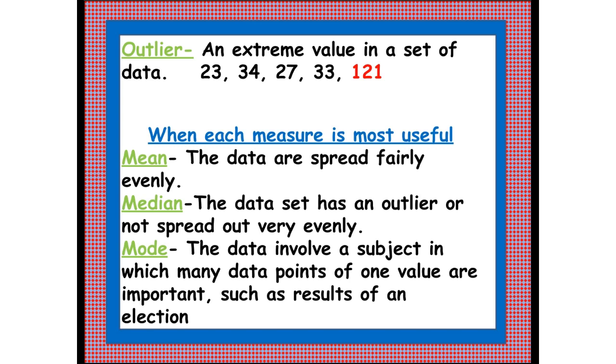The median, if the data set has an outlier or is not spread out very evenly, meaning you have chunks of numbers, but then maybe there's places where you're missing numbers. The mode, the data involve a subject in which many data points of one value are important, such as the results of an election. In the results of the election, I'm not going to use the median or the mean. I'm going to use who has the most votes, which one was the most of.